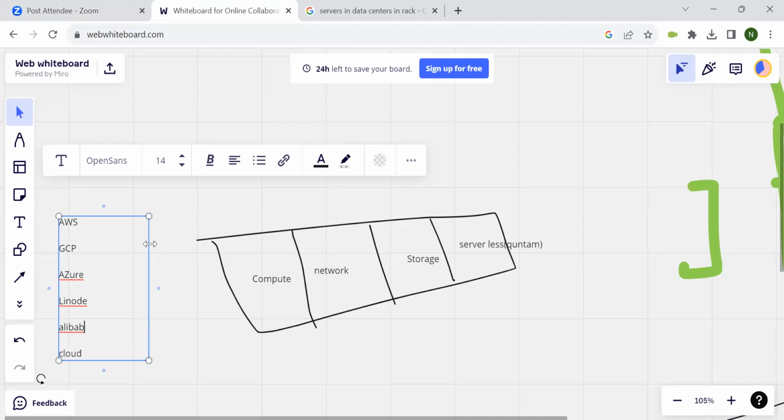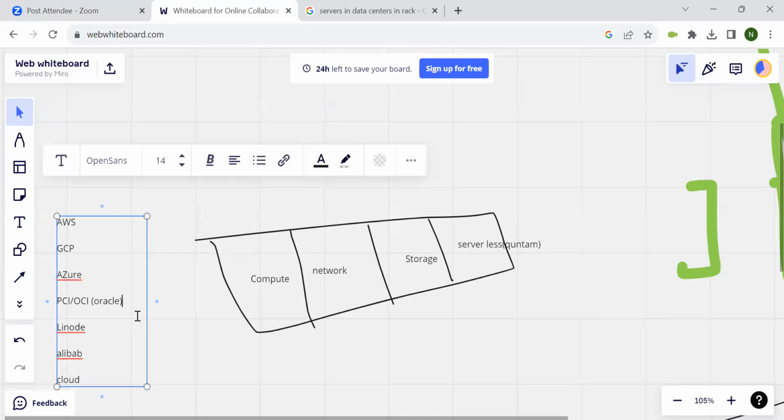And of course there is OCI, which is related to Oracle, Oracle Cloud Infrastructure. So these are the cloud vendors. They are providing cloud services.